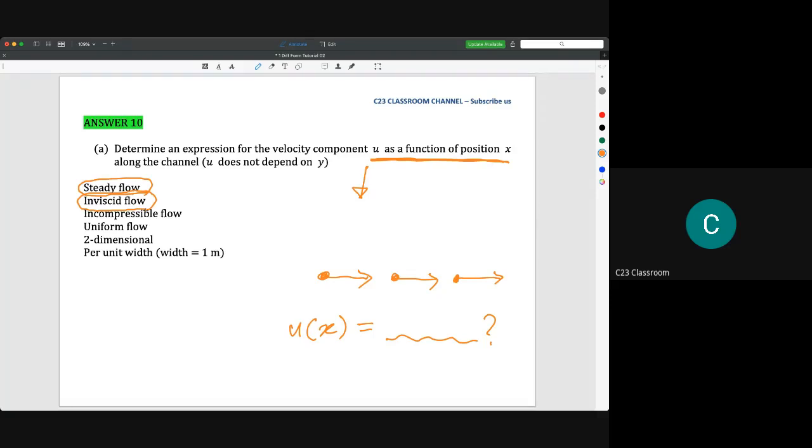And then it is incompressible flow, because in our syllabus we are focusing on incompressible flow. At the last chapter, we will describe compressible flow.